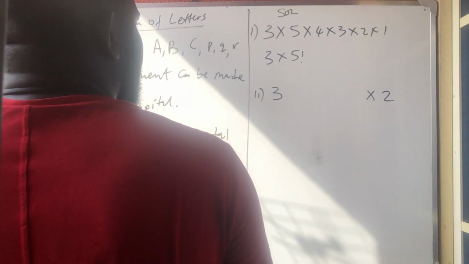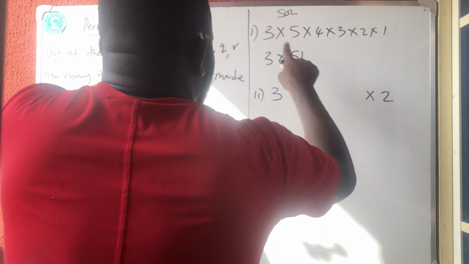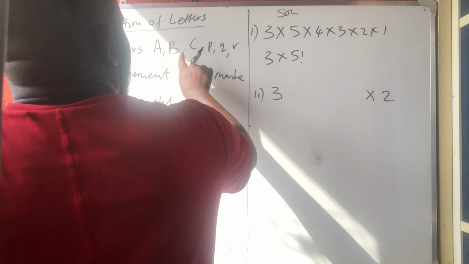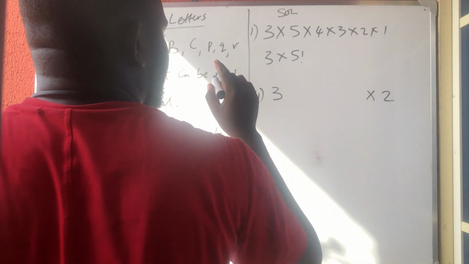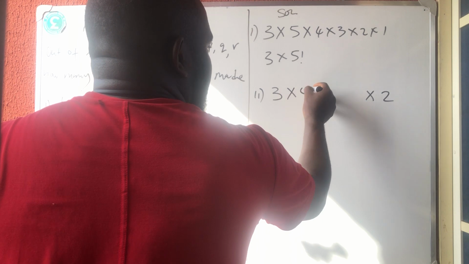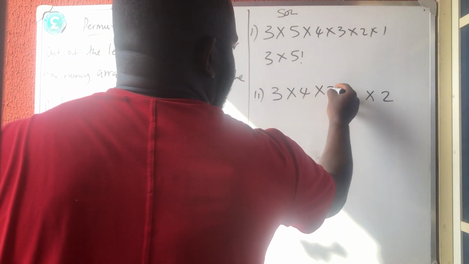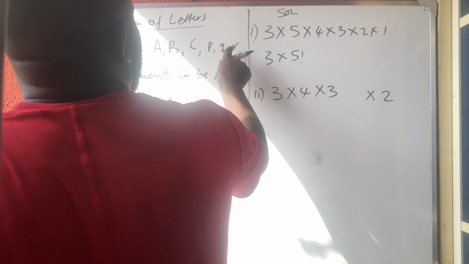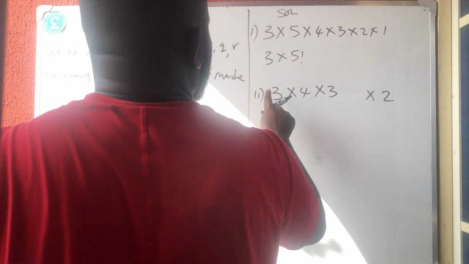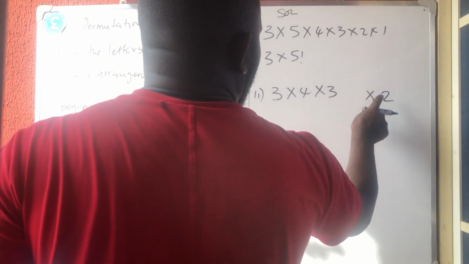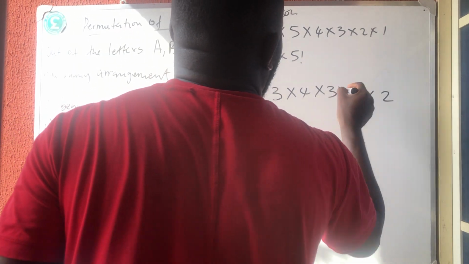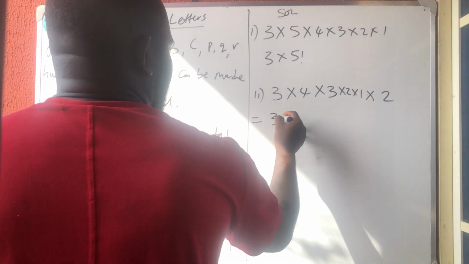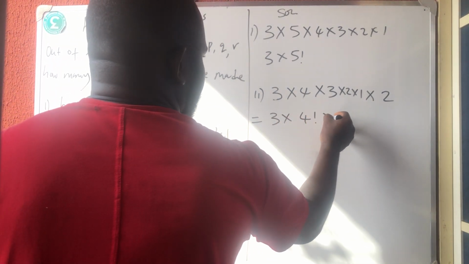Then for those in the middle, since I've chosen 1 for the first one and 1 for the last one, out of the 6, I'm left with 4. In the middle I can use any of the 4 of them, remaining 2 times 1. So what is now my answer? My answer is 3 times 4 factorial times 2.